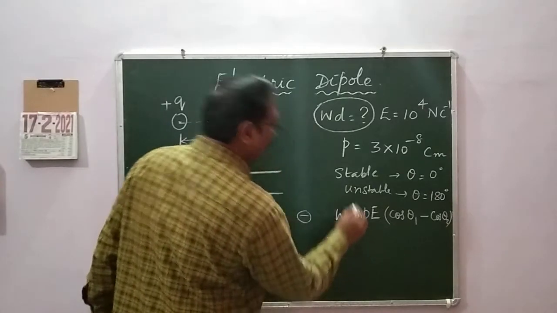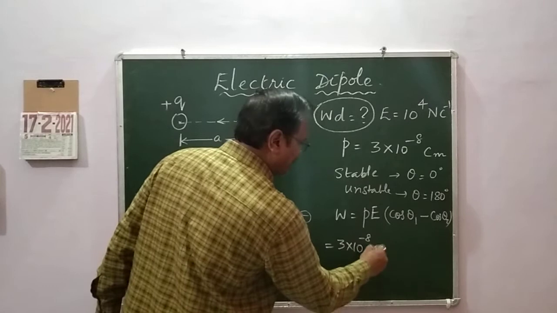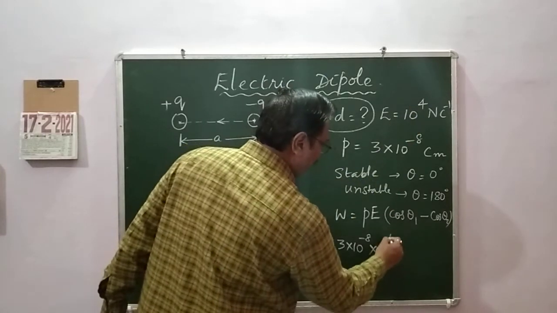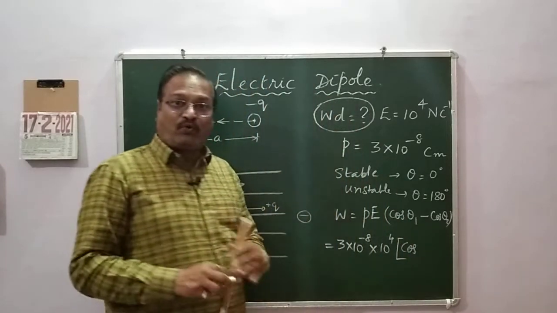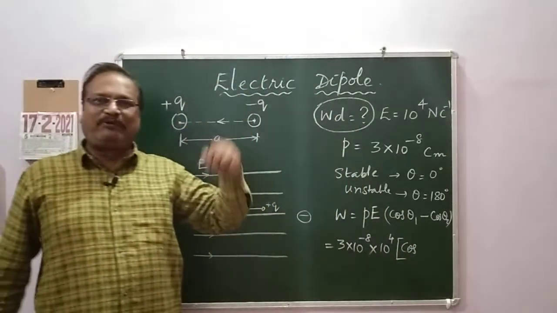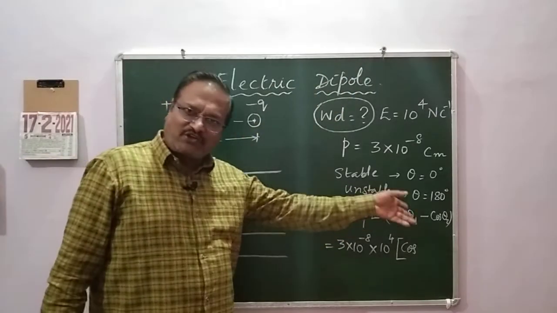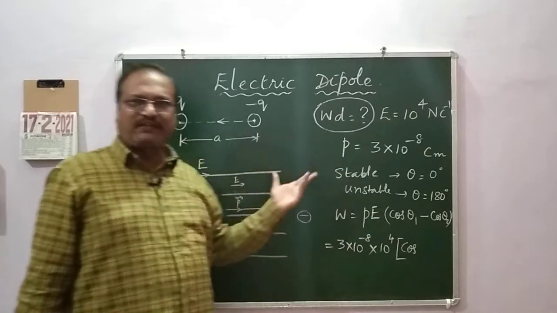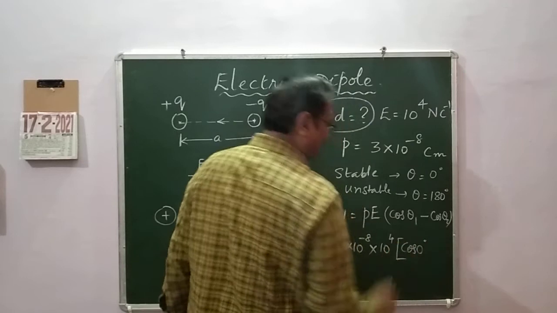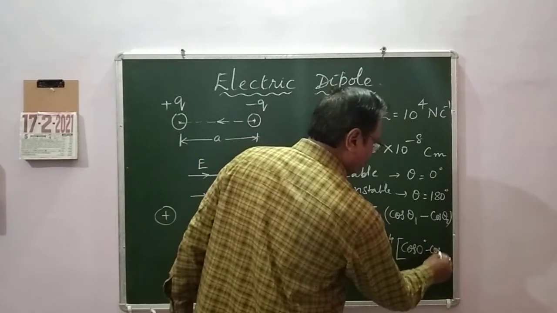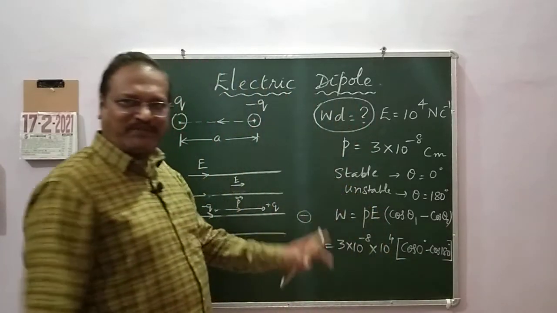P is 3 into 10 power minus 8, into electric field 10 power 4, of cos, not sine. Work is always cos. W is equal to Fs cos theta, and here it is PE cos theta but with negative sign because it is of the dipole. Cos theta 1 is the original stable position, minus cos 180 degree.